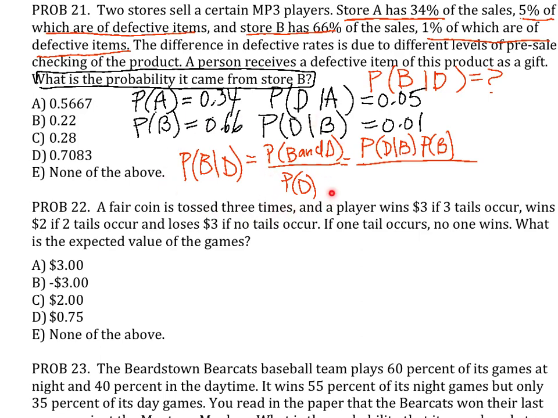What about the bottom? Well, the bottom, the denominator, to get that, the probability of D is the probability of D and being from store A, plus the probability of being defective and being from store B. So this is how Bayes' rule works.